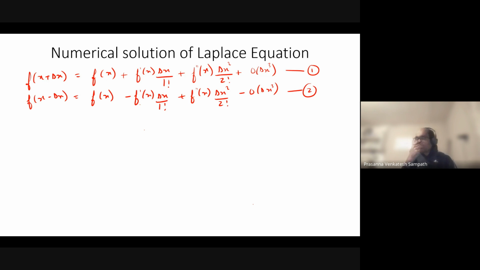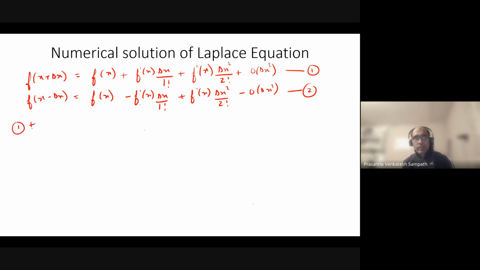Right, now this is a simple application of Taylor series expansion. I have just written out how to compute the function at a location x+Δx if I know the value of f(x) at location x, and of course the first derivative, second derivative, and so on and so forth.